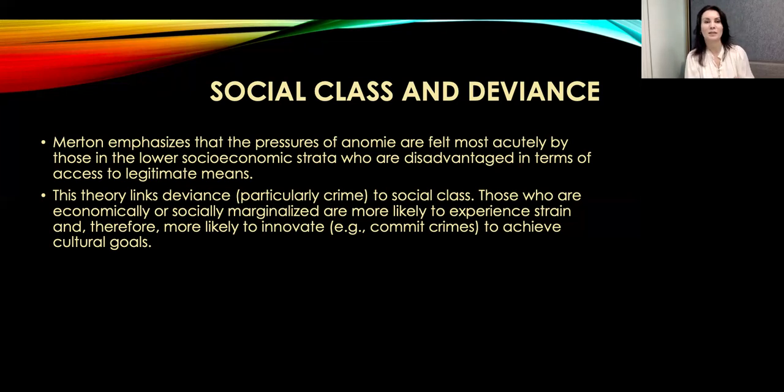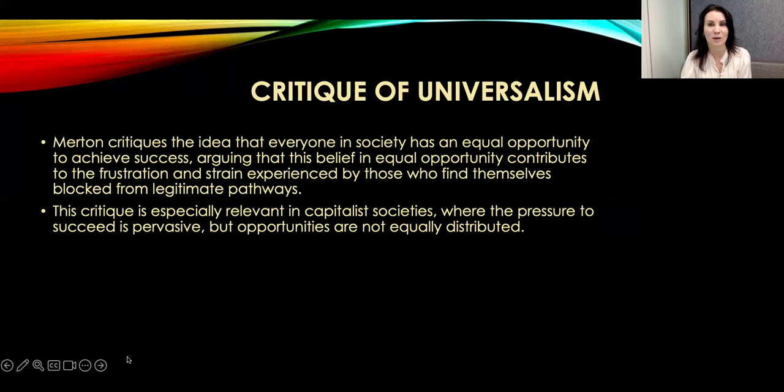Those who are economically disadvantaged or marginalized have less access to good jobs. And that means they have less access to good education, good work and good social services. That can lead to strain in society, that can lead to crime. That's what strain theory is about.